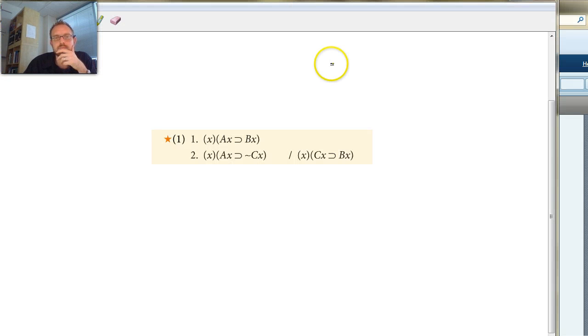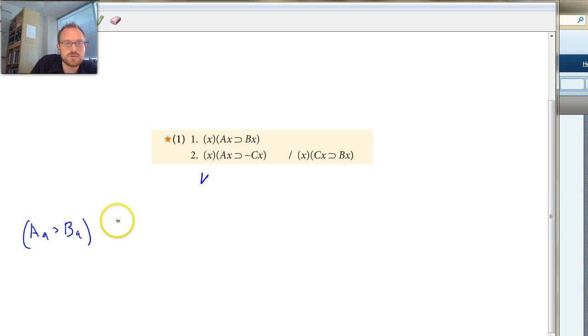Okay, so let's do this problem here. The first thing we need to do is write it out horizontally. We have a universal claim, so let's try for a universe of 1. The first premise is AA, then BA.